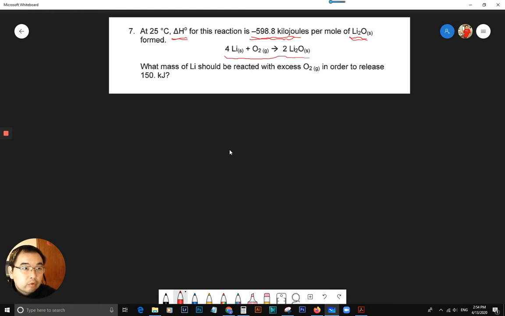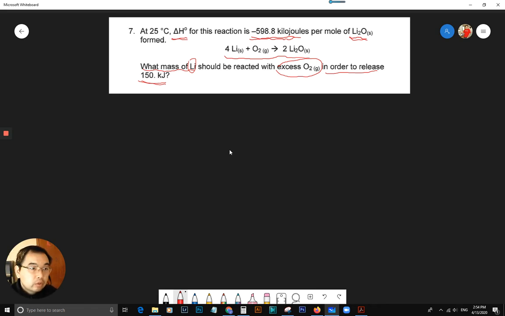And the question is asking what's the mass of the lithium should be reacted with extra oxygen. So it's extra oxygen, so we don't worry about oxygen in order to release that much of the heat. Okay, so this question is give us the heat. We need to calculate back how much mass of the lithium can produce that much of the heat.